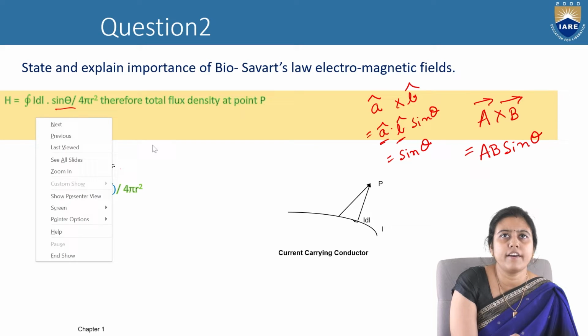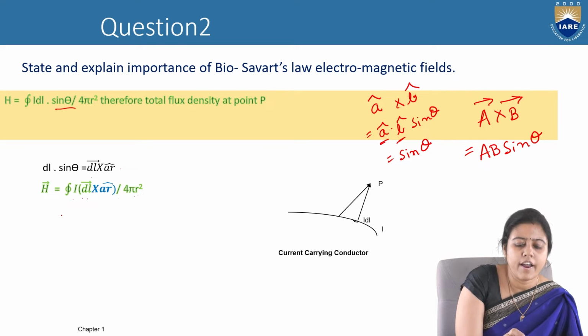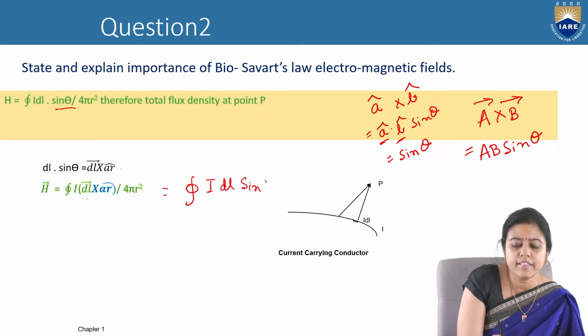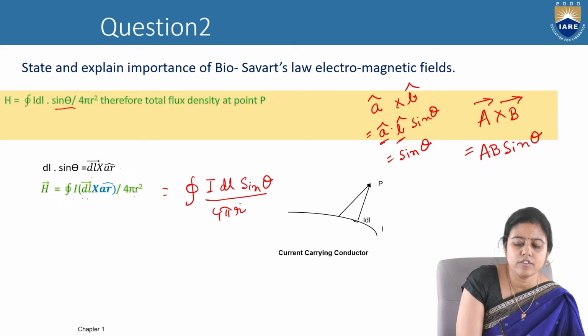So here we can write that H is equal to I DL cross AR by 4 pi R square, which can be written as I DL sin theta by 4 pi R square.